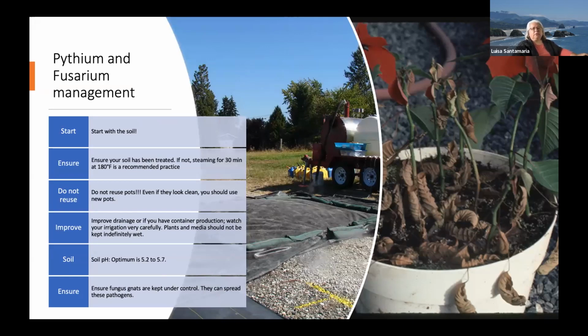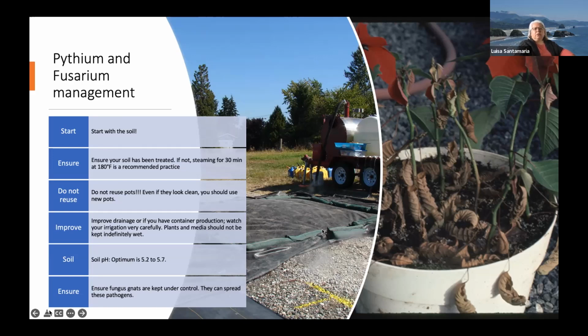Steam will kill most of the pathogens, and even some weed seeds. It is recommended to not reuse pots. Even if they look clean, always clean and sanitize them if you want to use them.